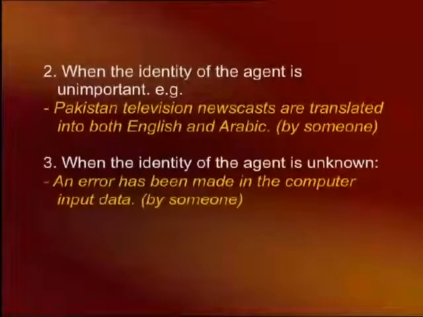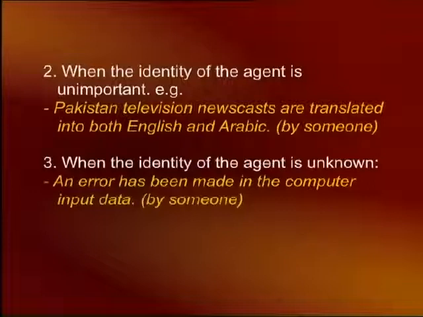Now, the second condition when you can have a passive sentence without the agent is when the identity of the agent is unimportant. For example, Pakistan television newscasts are translated into both English and Arabic.